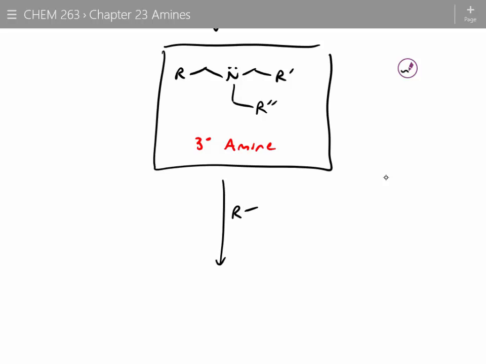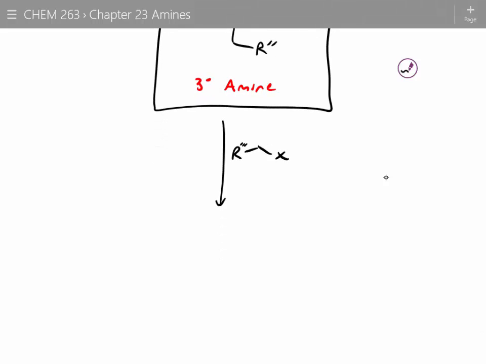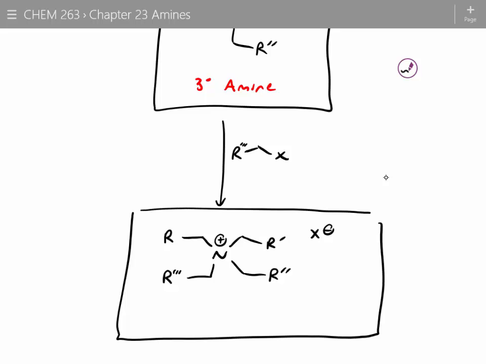Of course. Right, because that nitrogen lone pair is a great nucleophile, so we can just react this with another alkyl halide. And so I'll call that R triple prime. And you end up with it positively charged with your X counter anion. And this would be your quaternary ammonium salt.